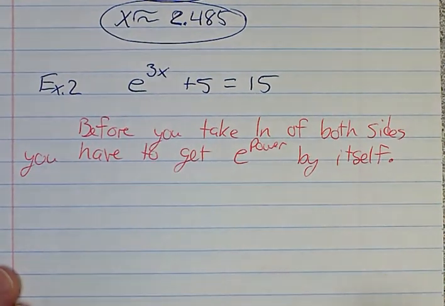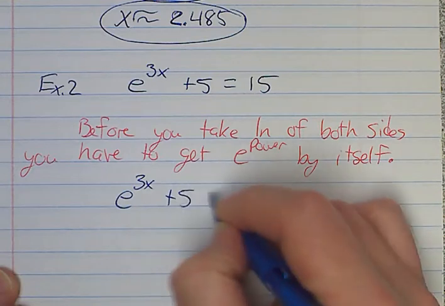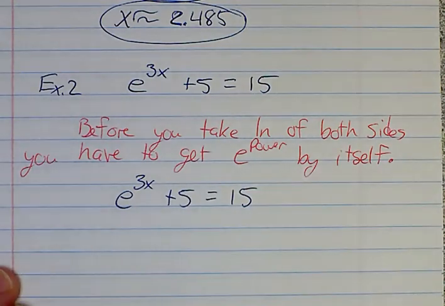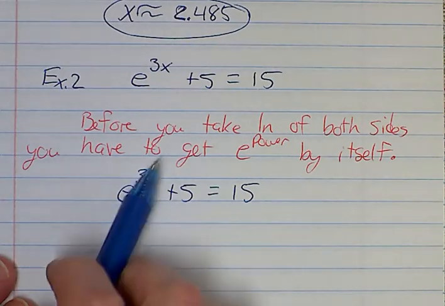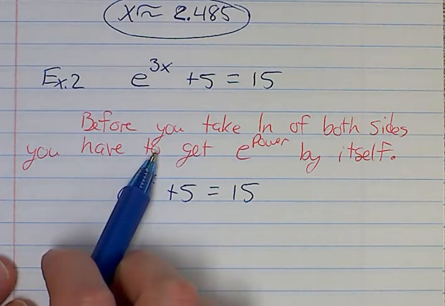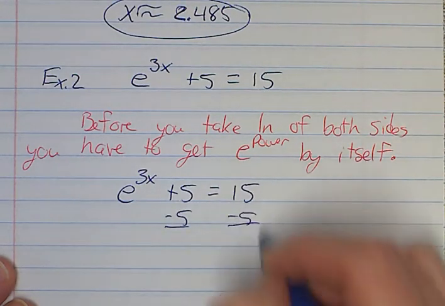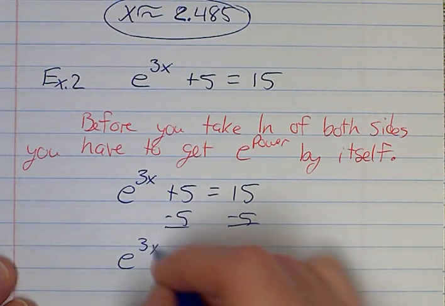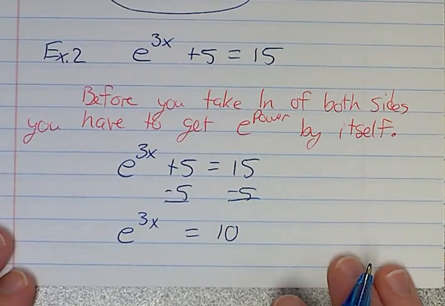If you're going into pre-cal, of course, they'll make these problems a little bit harder. But for what we're doing right now, it should be a pretty simple thing to get the e by itself. If you've got e to the 3x plus 5, how do you get rid of plus 5? There you go. It's minus 5, right? So that's e to the 3x equals 10.